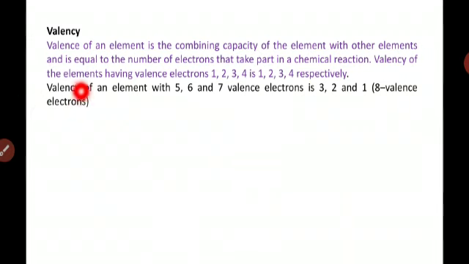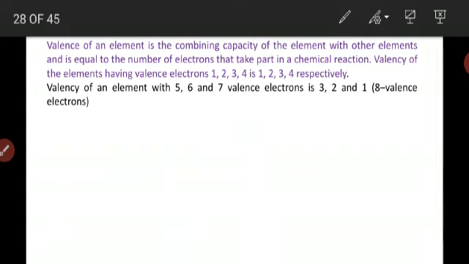The elements having valency electrons 1, 2, 3, 4 have valency 1, 2, 3, 4 respectively, which means the valency of an element with 5, 6, 7 valency electrons is 3, 2 and 1. This is called 8 valency electrons.